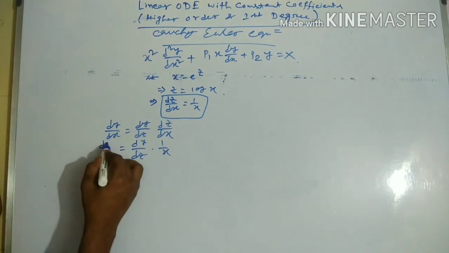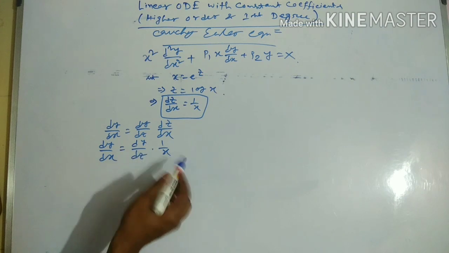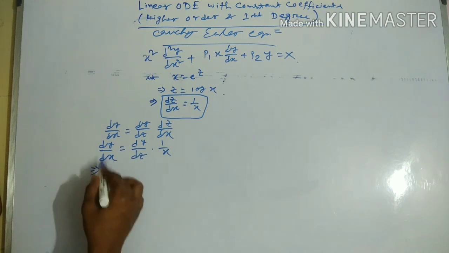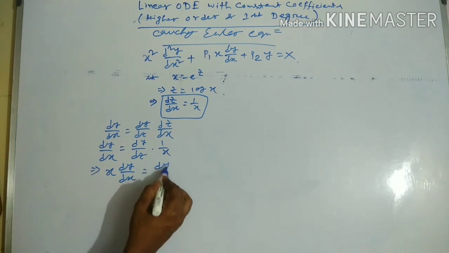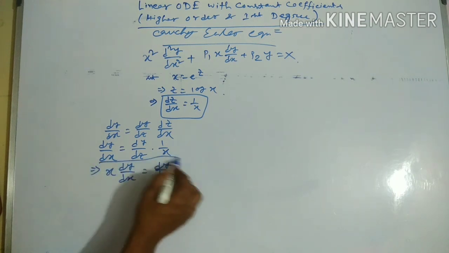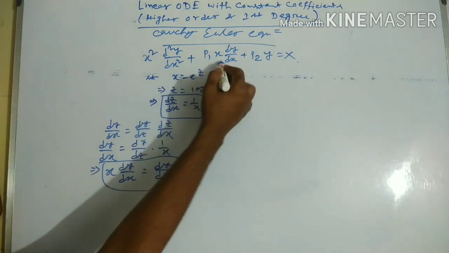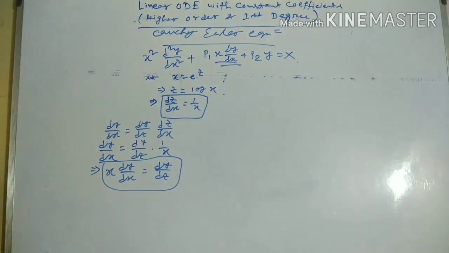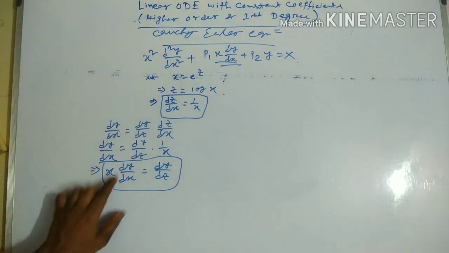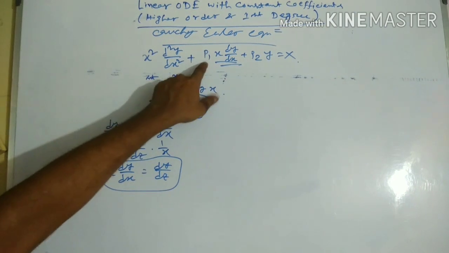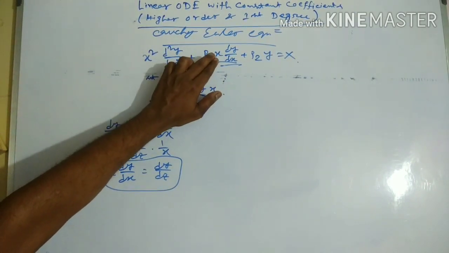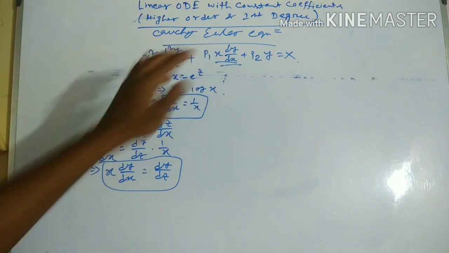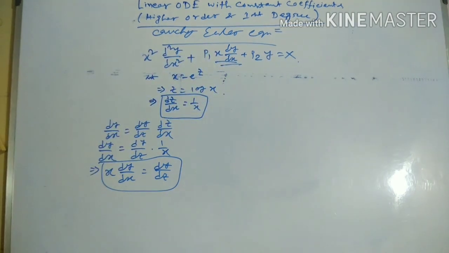So dy dx equal to dy dz into 1 by x. Now by cross multiplication, x dy dx equal to dy dz. So you see that the value of x dy dx is dy dz. If we put the value of x dy dx here, then it will be p1 dy dz. So there will be no variable in the coefficient; the coefficient becomes constant.